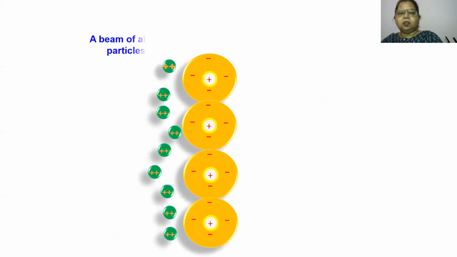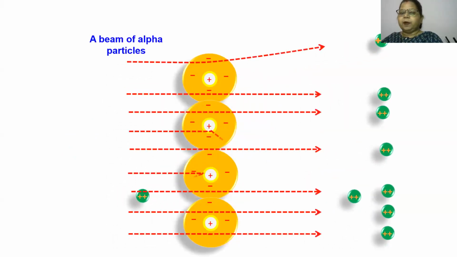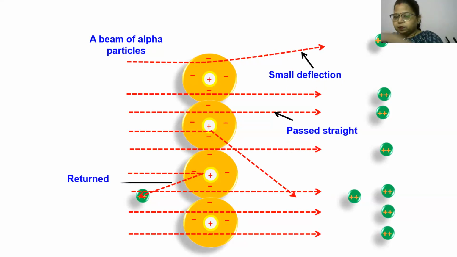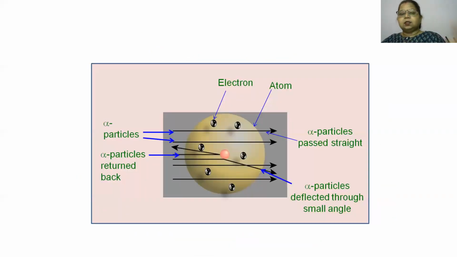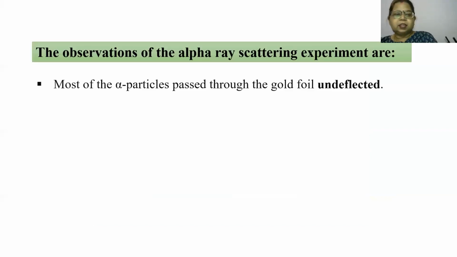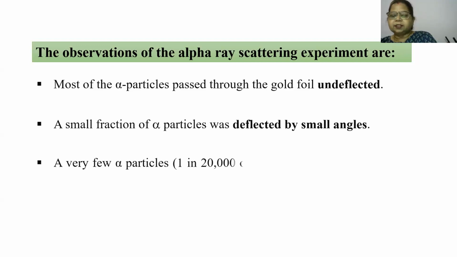Now, all of you know that when a beam of alpha particles is passed through, some show a small deflection, some pass through straight, and very few return back, right? This is another version of the same thing. This all of you know, so I'm not going to spend any time on it.